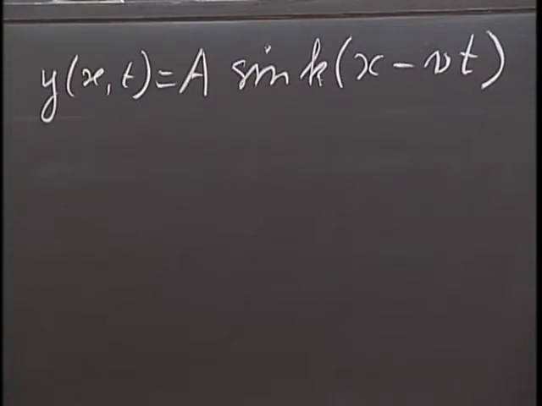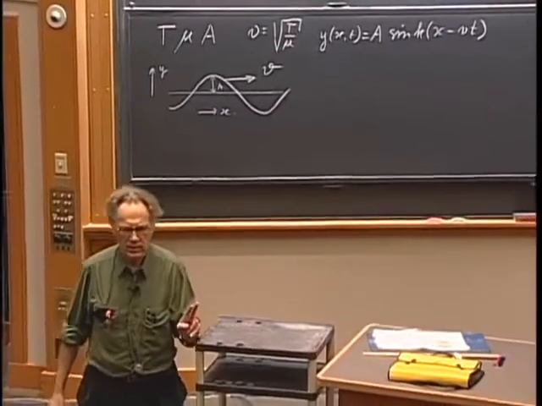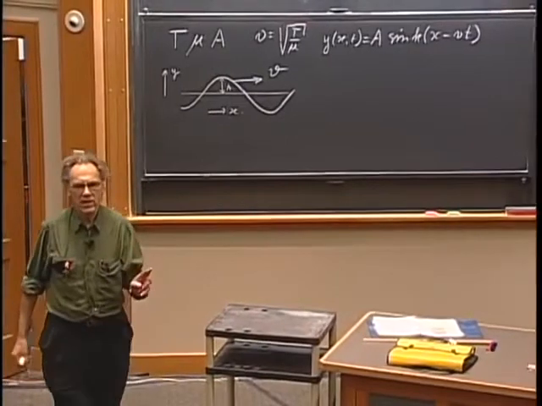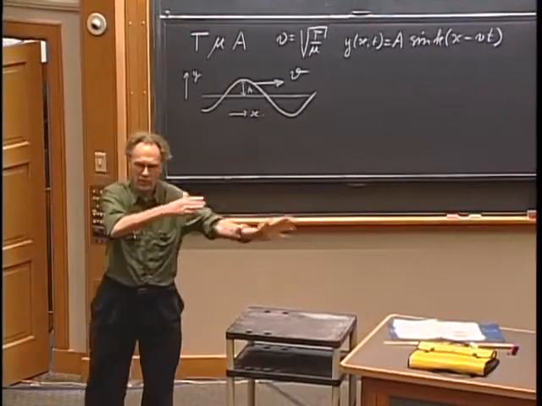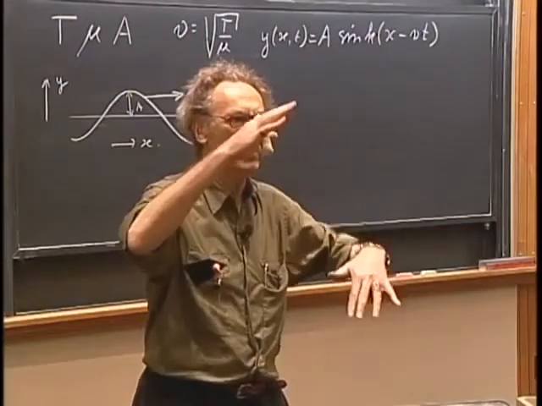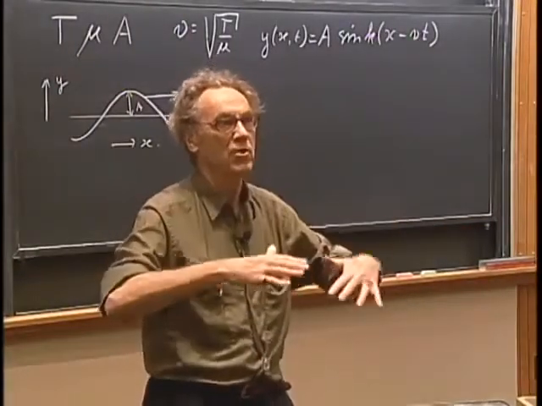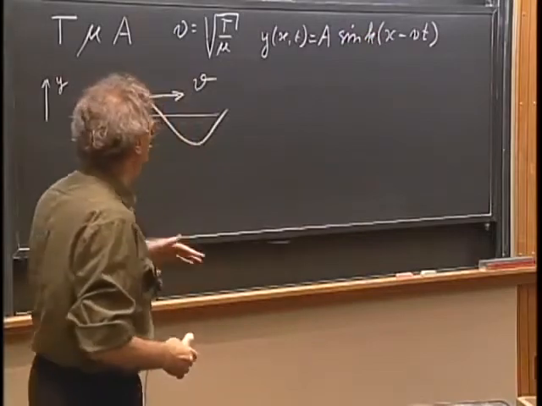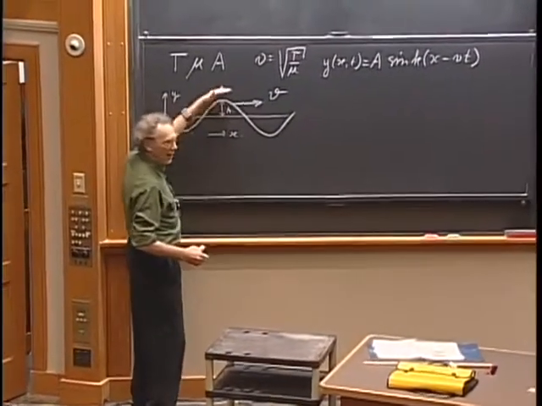So the idea now: what is the energy in one wavelength, say? There are two parts to it. There is kinetic energy and there is potential energy. The kinetic energy is not because the wave is moving in this direction. There is no material moving in this direction. The material is just moving up and down. That's all it's doing. So the kinetic energy is due to the motion in the y direction.